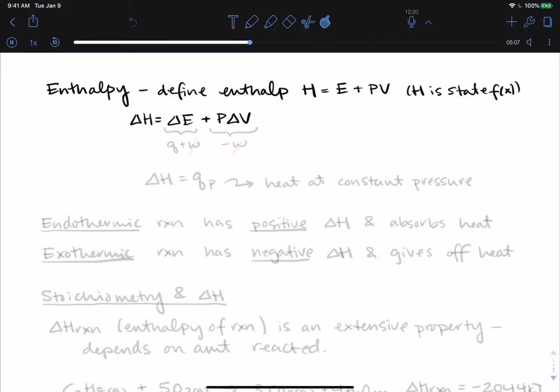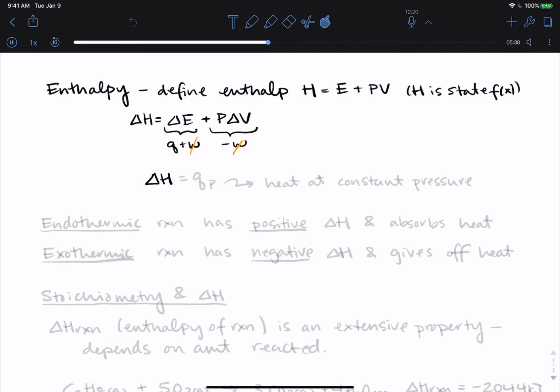Delta E is Q plus W. If W is negative P delta V, a positive P delta V is just negative work. So enthalpy is what happens when you subtract the work from the internal energy. All of the work goes away and we're left with just the heat at constant pressure.